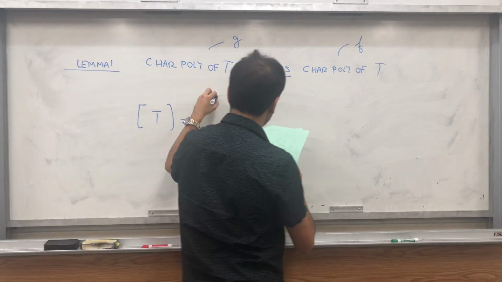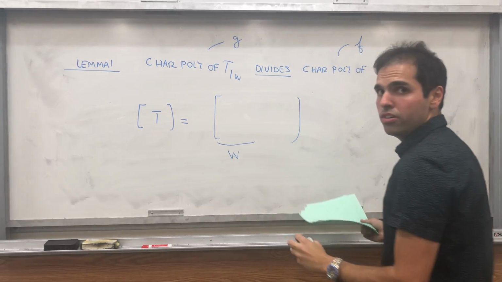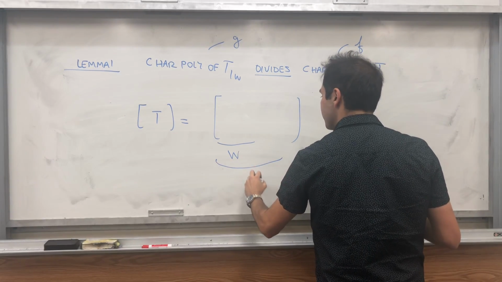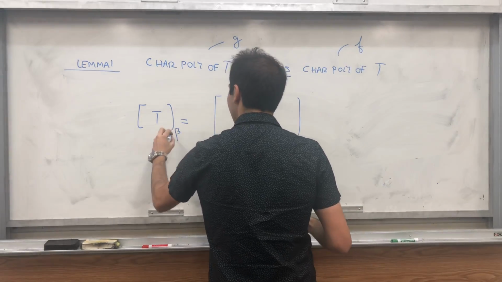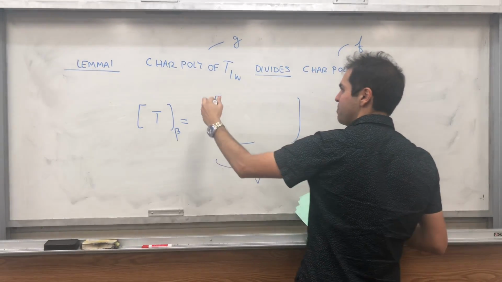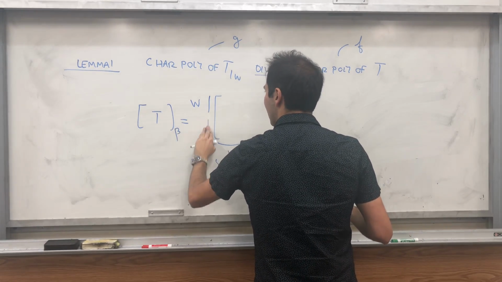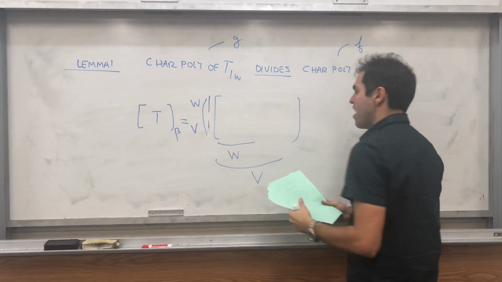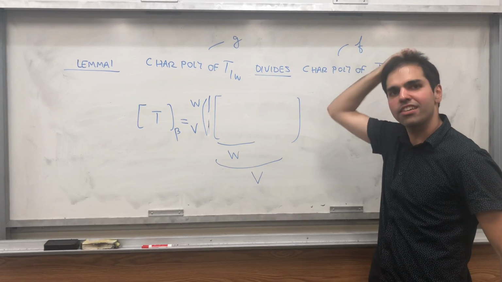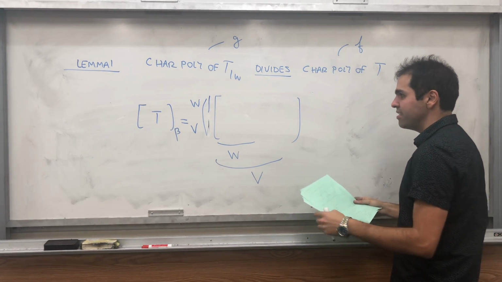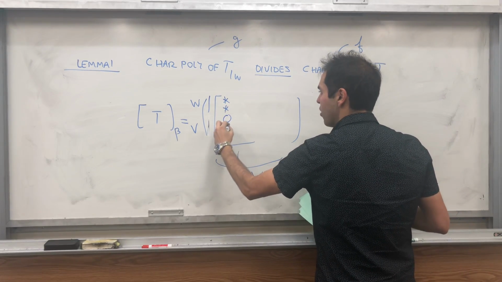Let's calculate the matrix of T. The idea is, let's start with a basis for W and then extend it to a basis of V, and let's call that basis beta, and calculate the matrix of T with respect to beta. How do you do that? For every basis vector in W, calculate T of that basis vector. Then what you get is a bunch of elements, but also a bunch of zeros.